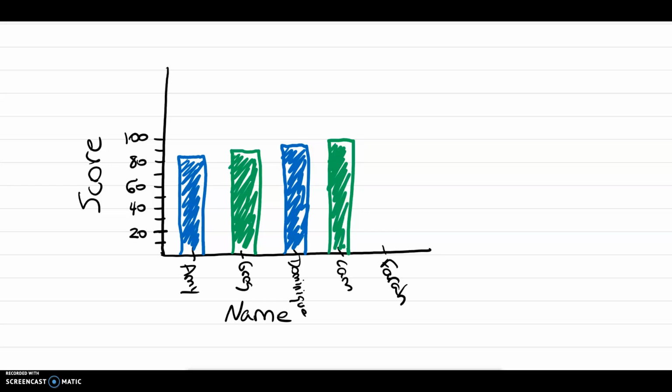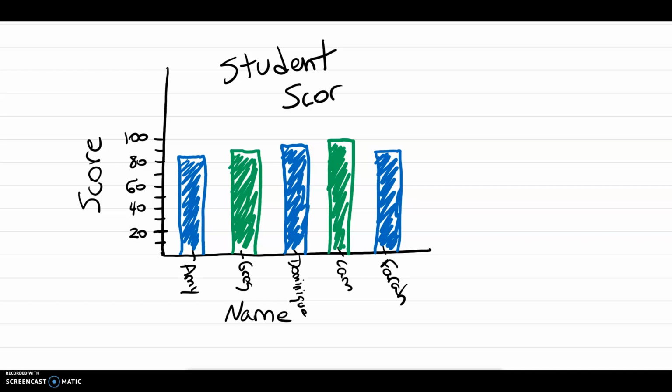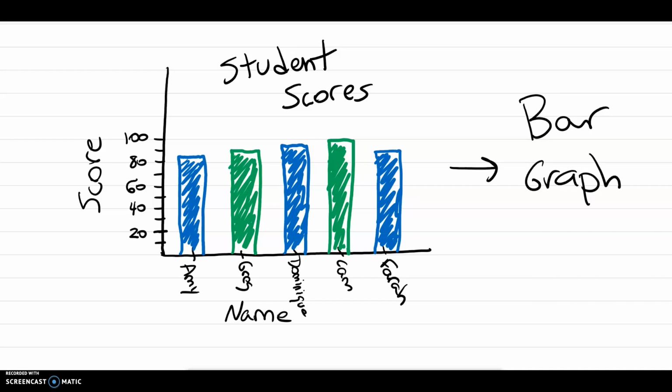And Farah scored a 90, so I'll go up to 90. The last thing you want to do is name the title of your bar graph. So we have student scores. So here we have a bar graph, which is another way to represent data.